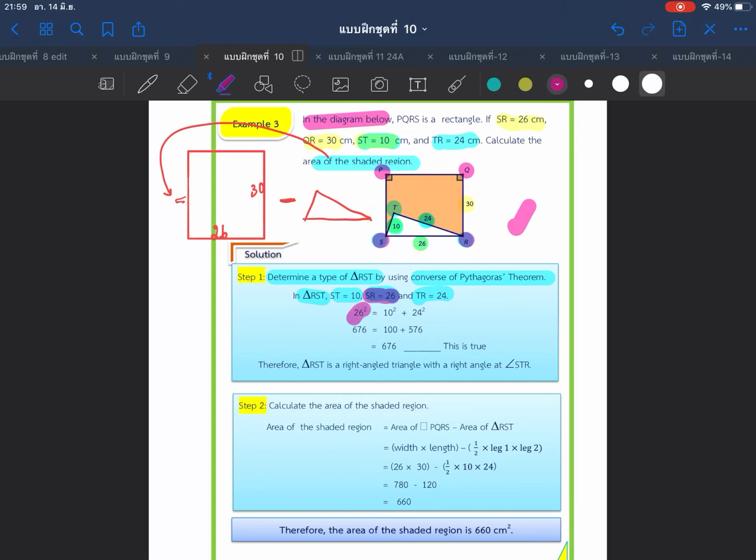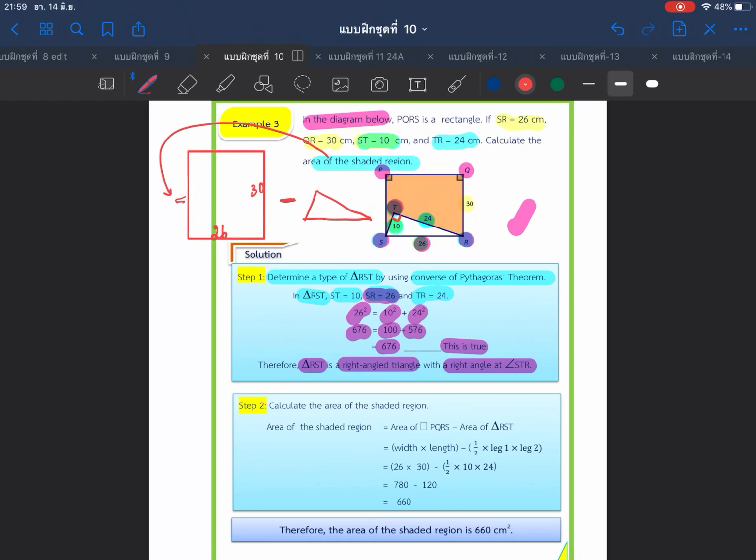You take 26 square is equal to 10 square add 24 square. 26 square is 676 equals 100 add 576, which is equal to 676. This is true. So triangle RST is a right angle triangle with the right angle at T.